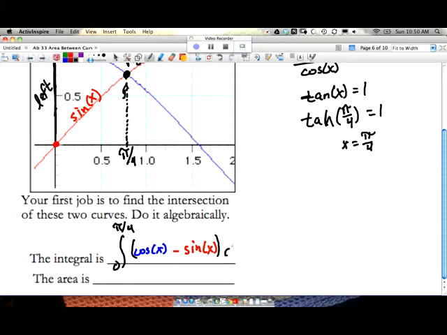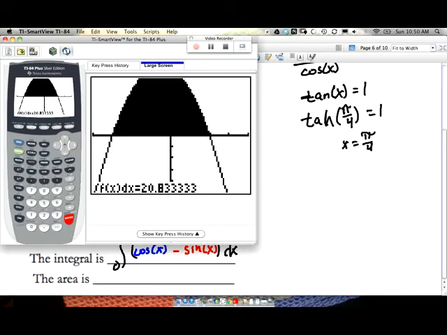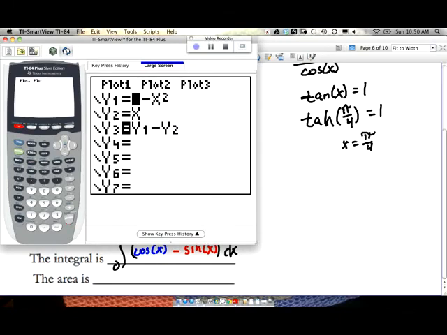And of course, we do need that dx in there just for proper grammar and the idea of our direction of movement. So what's the area? Now we go to our calculator. So calculator, y equals, top one was cosine of x, so I'm going to do cosine of x and delete this extra piece. And the bottom one is sine of x.